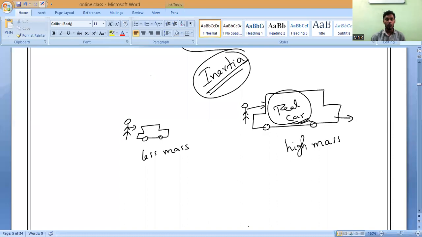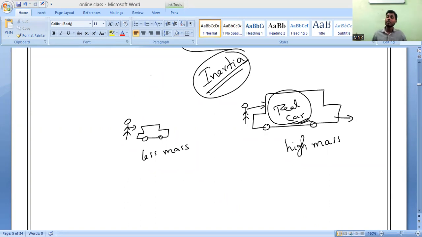Inertia is the resistance which tries to maintain its state of rest or state of motion. It is the property of a body which resists a change in its state of rest or uniform motion. The body which is at rest wants to stay at rest, and the body which is in motion wants to stay in motion.